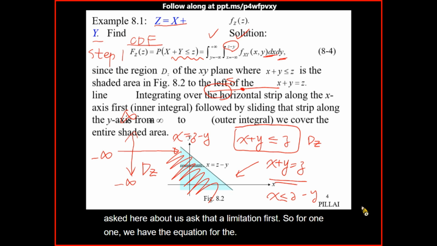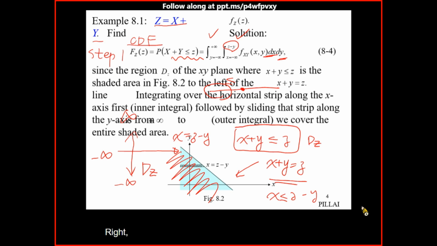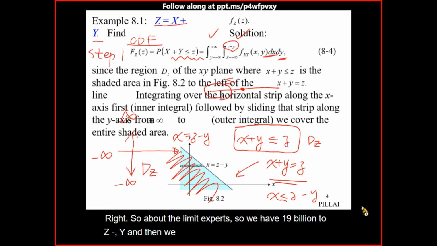So about the limits: X first, negative infinity to Z minus Y, and then for Y it will be the entire Y axis.